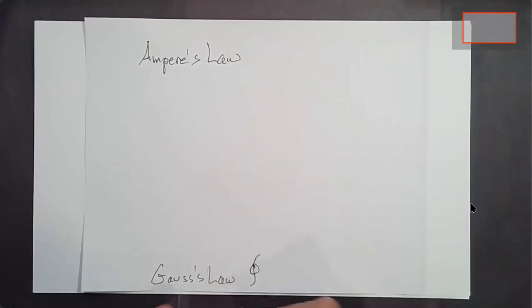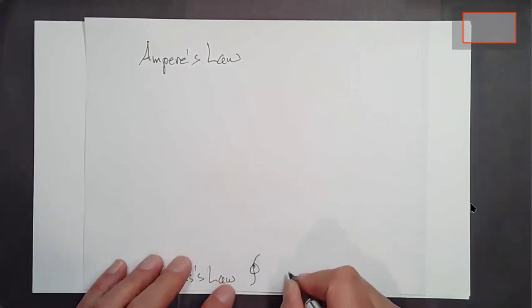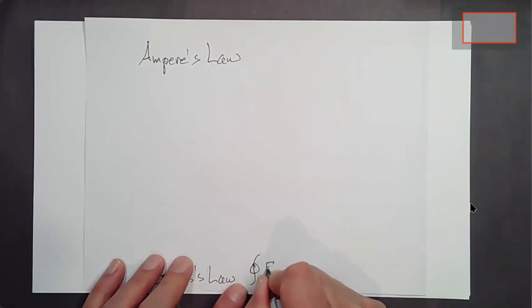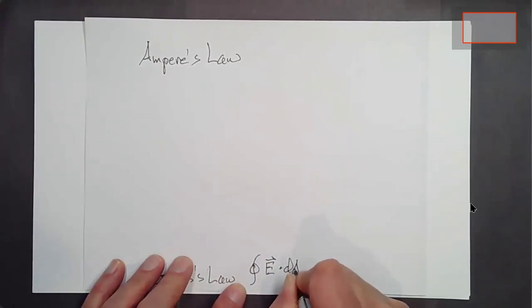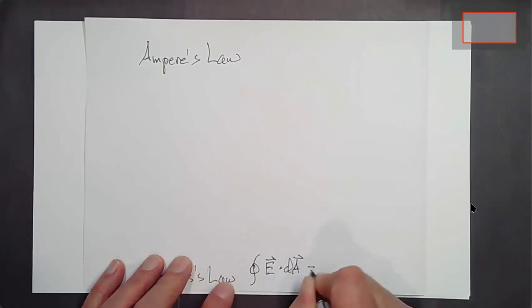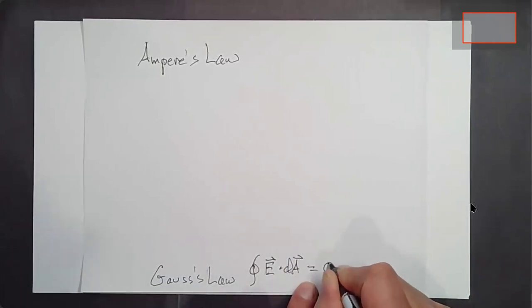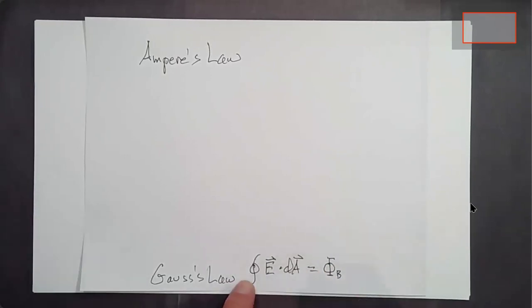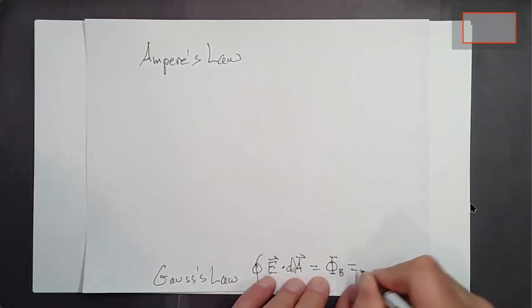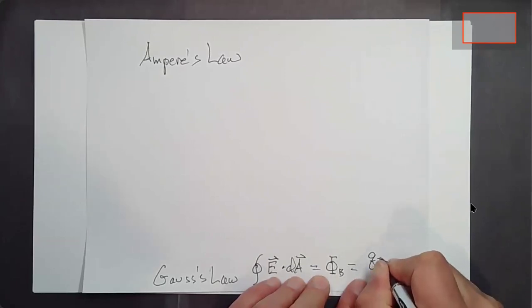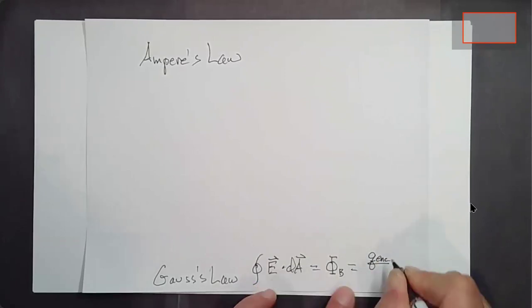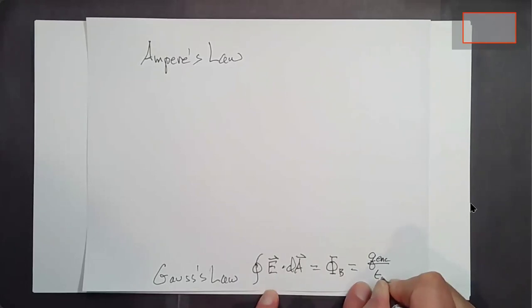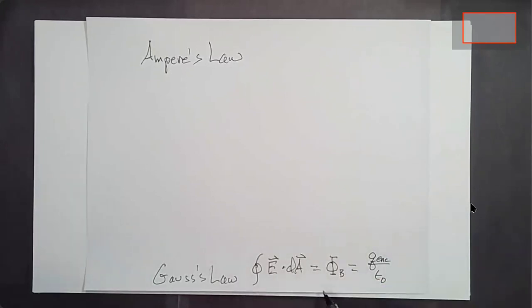For magnetism, Gauss's law is equal to 0, but for electricity the integral of E dot dA, the flux of the electric field through a closed surface, is equal to the charge enclosed by the surface divided by epsilon naught. So that was Gauss's law.